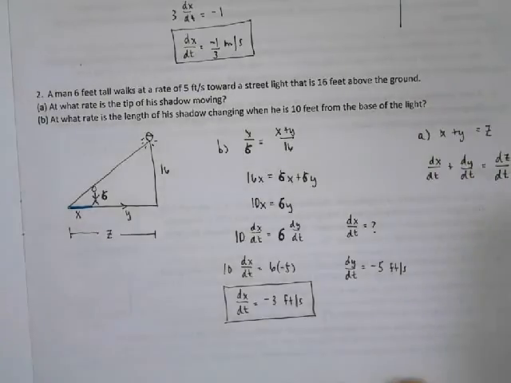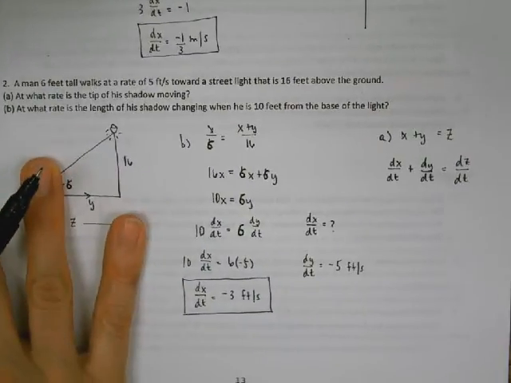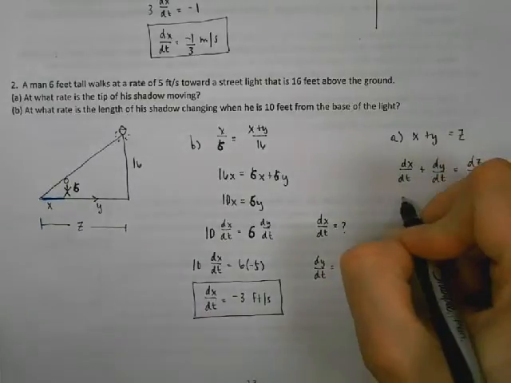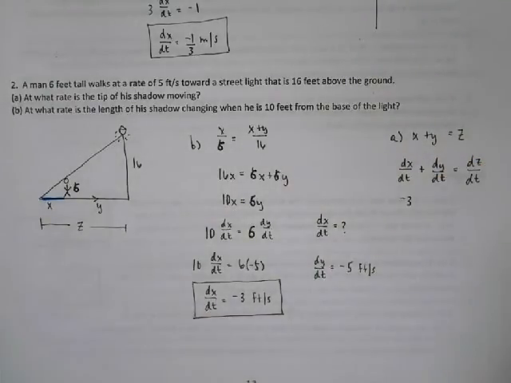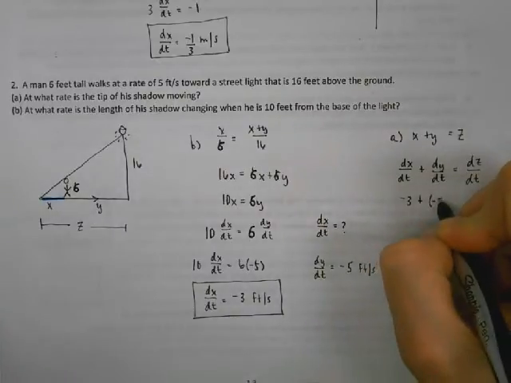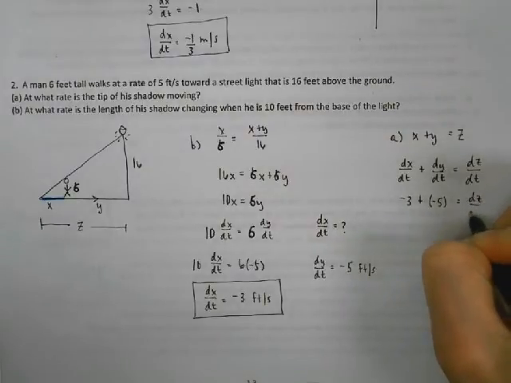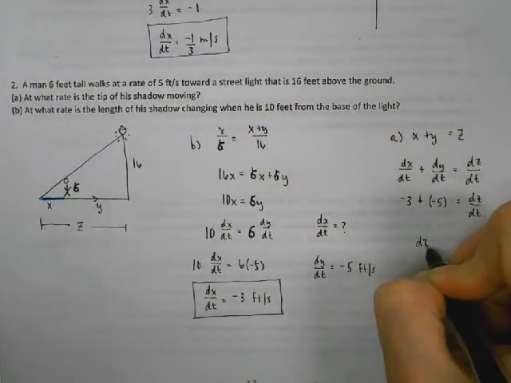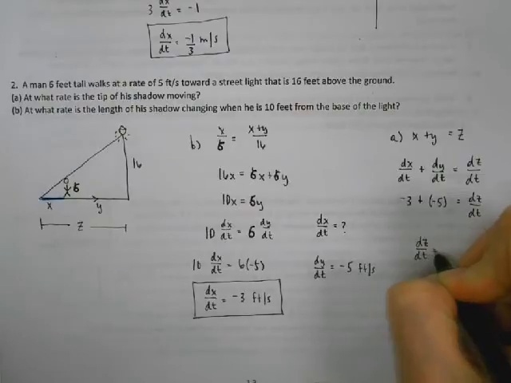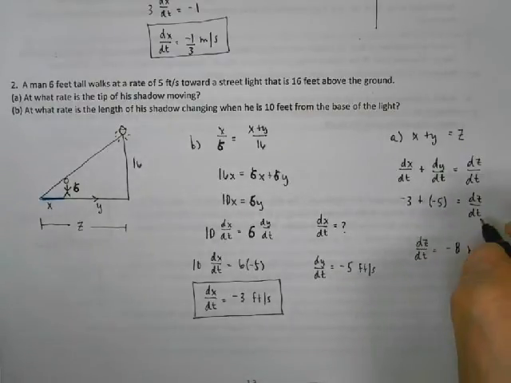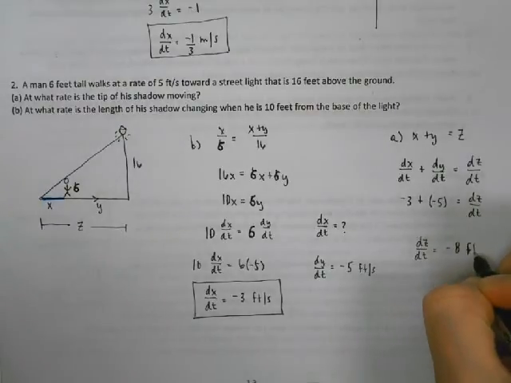And so now I know both of these two rates. dx/dt we said was negative 3. dy/dt we said was negative 5. So if I add those rates together, dz/dt is equal to negative 8 feet per second.